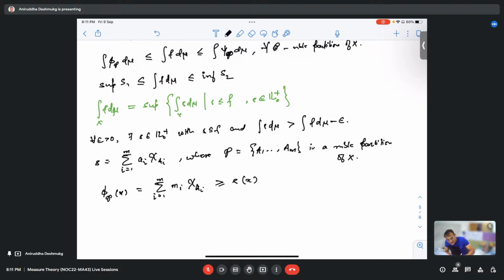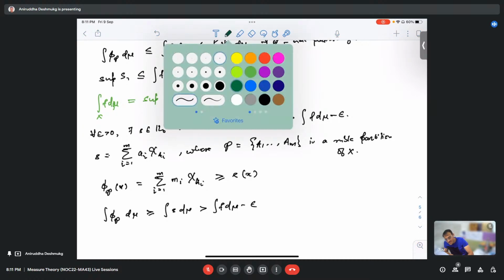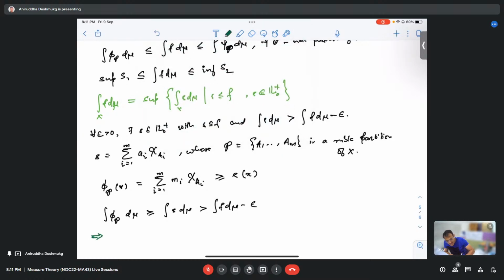Now, once this happens, the integral of phi P is greater than or equal to the integral of s, which is further bigger than the integral of f d mu minus epsilon. Correct? So from here, can we say that the supremum of S1 is exactly equal to the integral of f d mu?